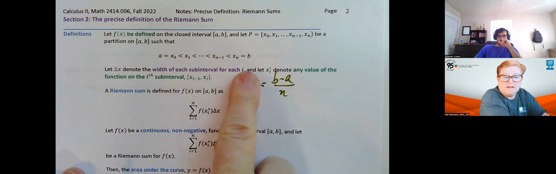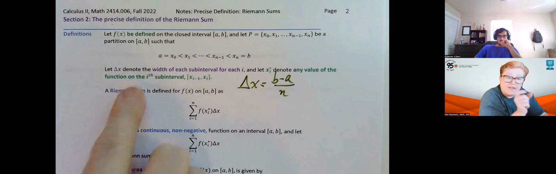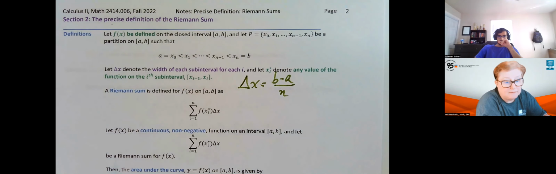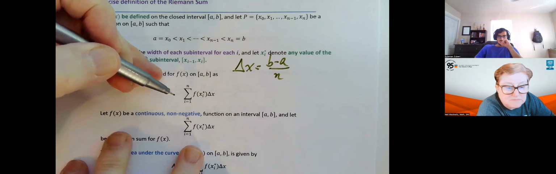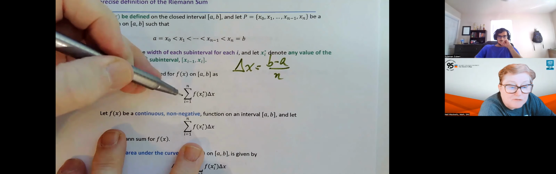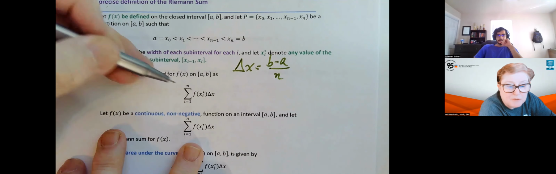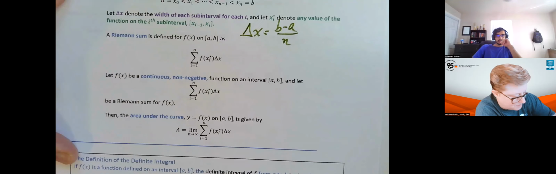And we're going to let x star be any value of the function on that interval between x sub i minus 1 and x sub i. So the Riemann sum is the summation from i equals 1 to n of f of this x value that we just found times delta x.